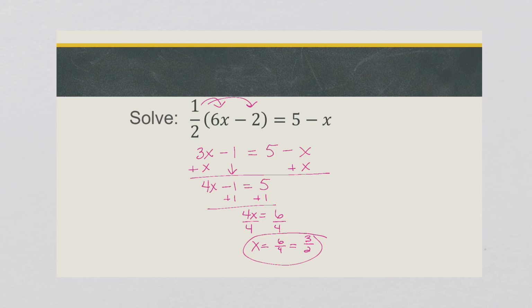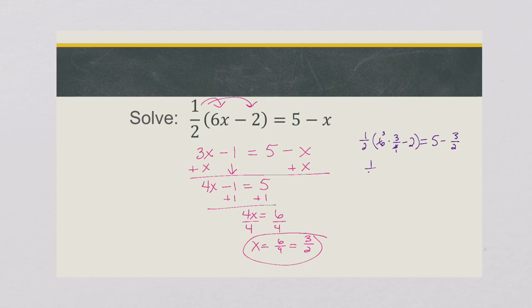So now I'm going to check my work. So I've got 1/2 times 6 times 3/2 minus 2. Is that equal to 5 minus 3/2? So 6 times 3/2, let's see here.